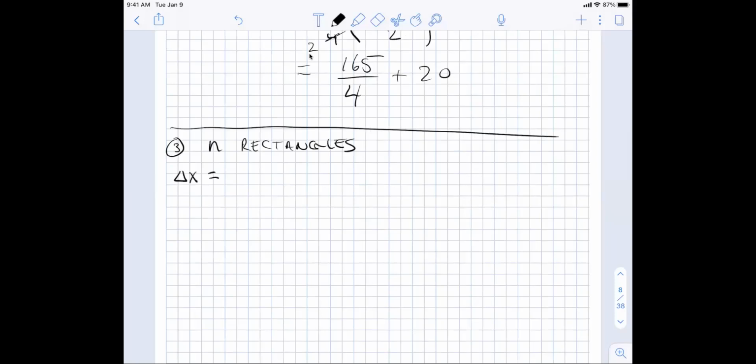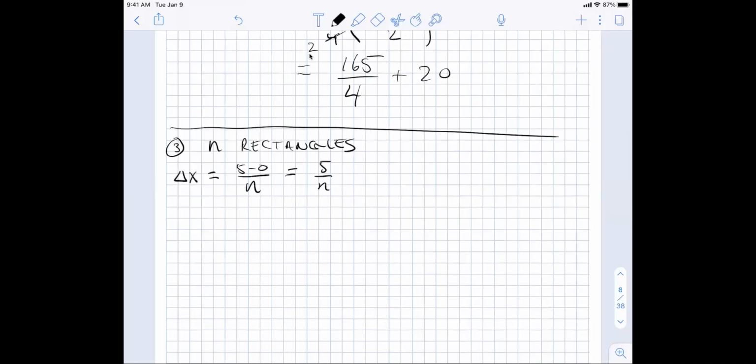Five minus 0 over n. Perfect. 5 minus 0 divided by n. It's the length of the interval divided by the number of rectangles. That's still the case, even if they're n rectangles. I'm just using a general n. So this is 5 over n.